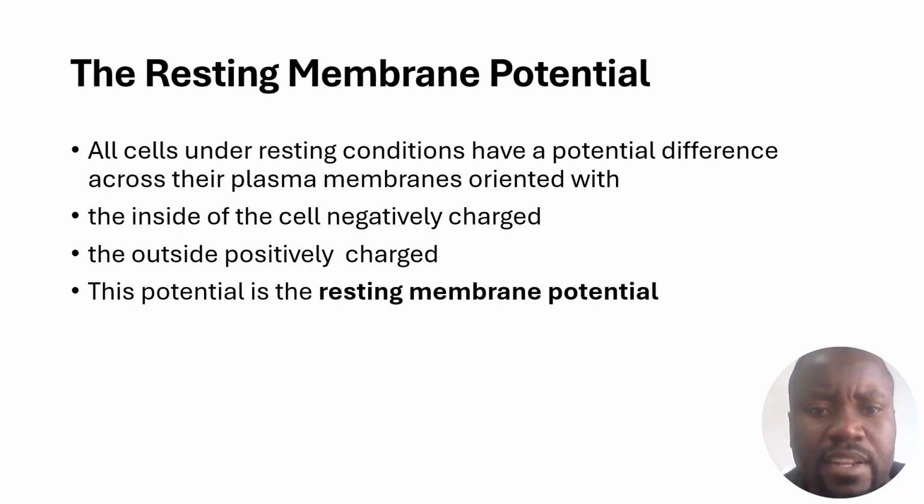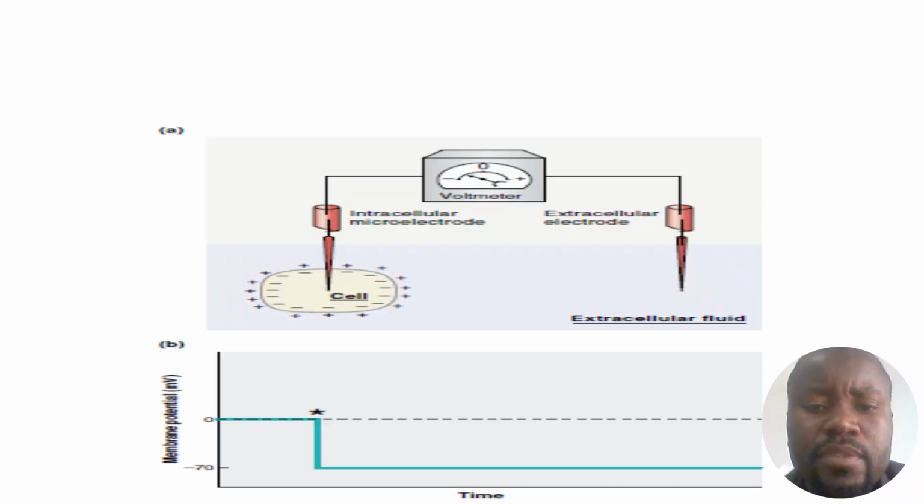All cells under resting conditions will end up with a potential across the cell membrane, which by nature is oriented in such a way that the inside of the cell is highly negative while the outside of the cell is highly positive. This is called the resting potential. Why? Because this is the potential across the cell membrane when the cell membrane is not under the influence of any stimuli. So it is at rest.